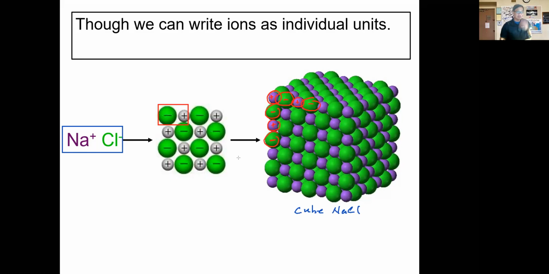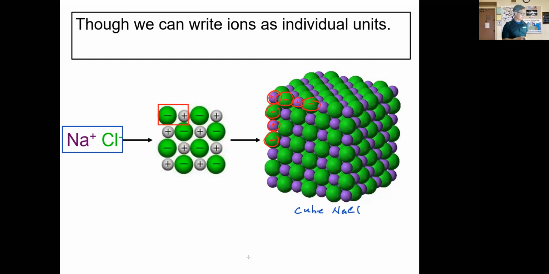Within a cube of sodium chloride, we will always get these two ions repeated over and over again, not only in one direction, not only in two dimensions, but in three dimensions. And so we refer to this as the formula unit.